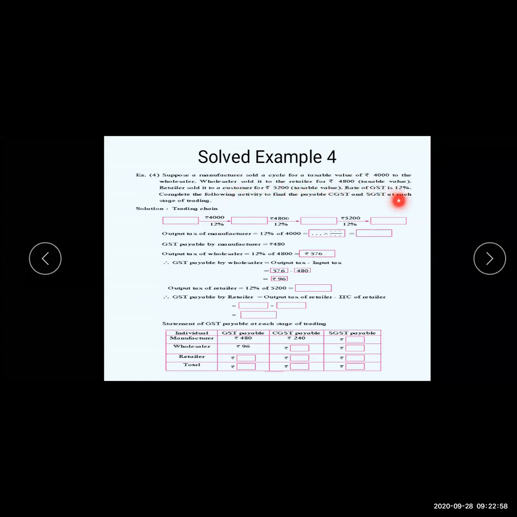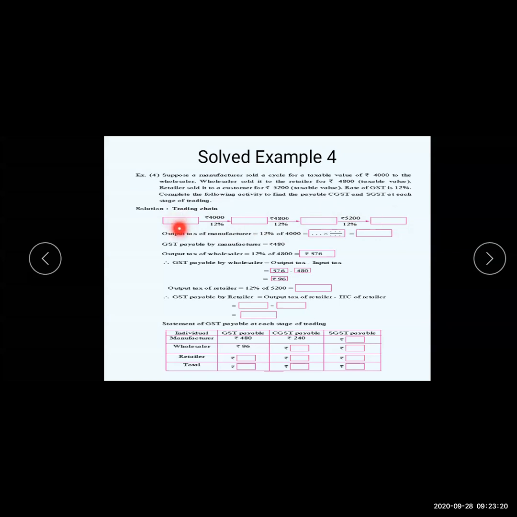Rate of GST is 12%. Complete the following activity to find the payable CGST and SGST at each stage of trading. A trading chain is given here. What you will write here will be first manufacturer, then wholesaler, retailer, and here will be the consumer.